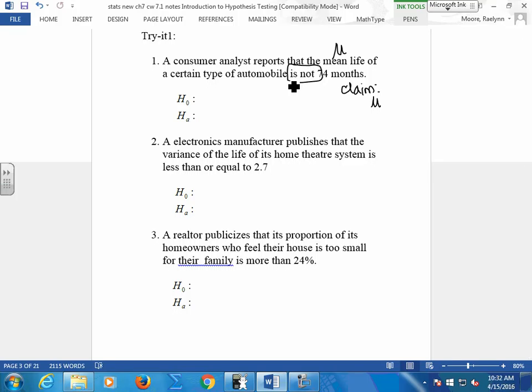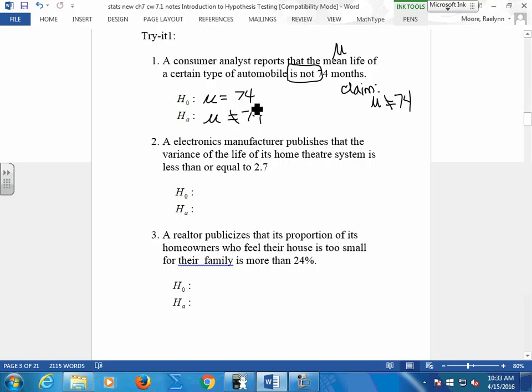If it is not, it is not equal. It's not a sample because it's a certain type of automobile. These are populations. It's a certain type of automobile, all for that certain type. Yeah, that's confusing that way. You're right. So which one is this, the HO or the HA? What's the HO, Will? Good. U is equal to 74.